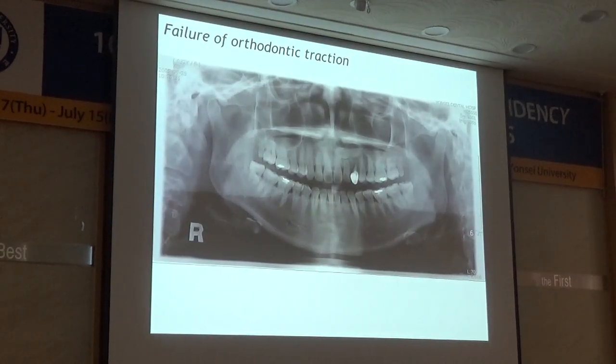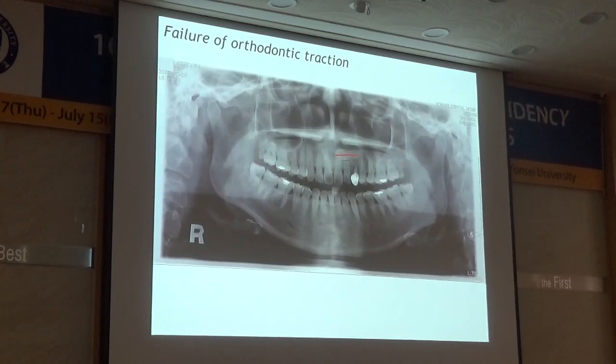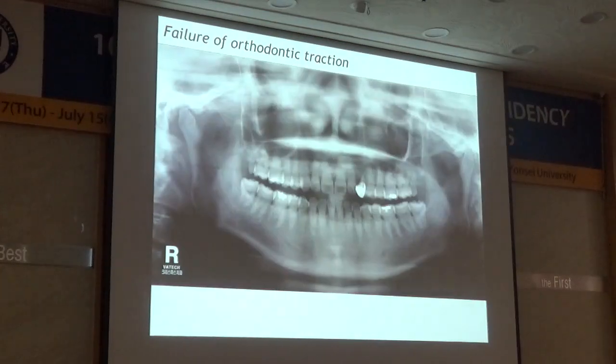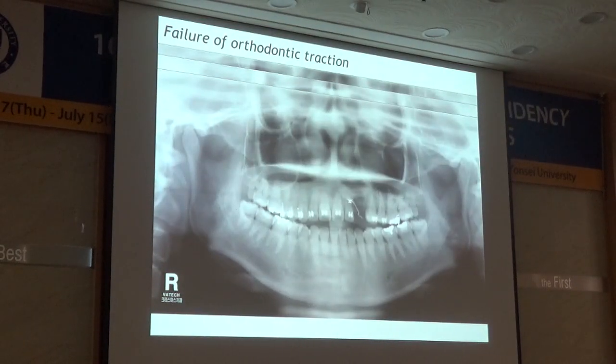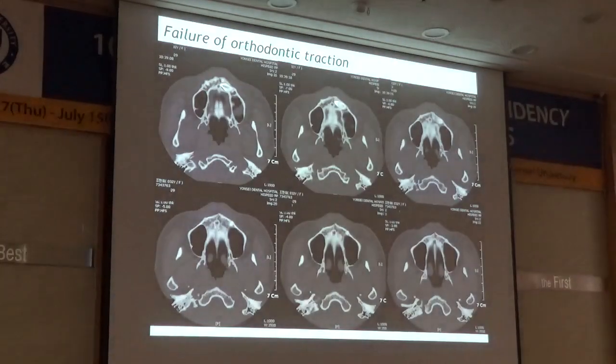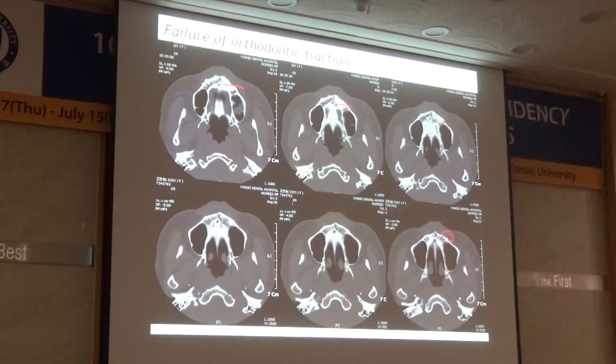This is another failure case. This is a real failure case. This infected canine we tried to save, but when we did the surgical opening procedure, the tooth didn't move at all, and there was an open bite in the anterior teeth. The cause of this is the curvature of the root. You may see the infected tooth in this area, but you can see the root portion here.